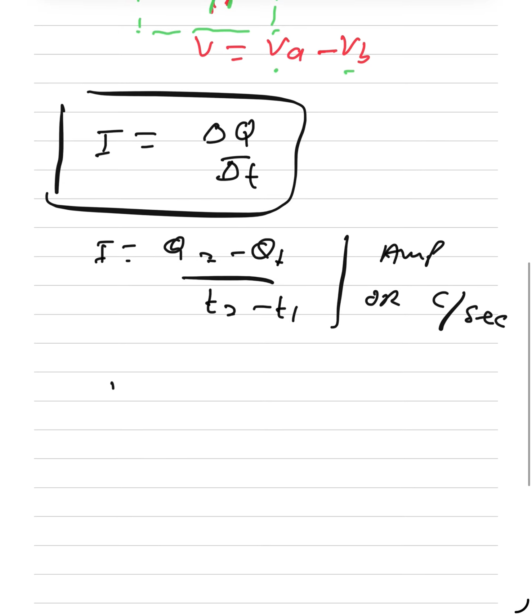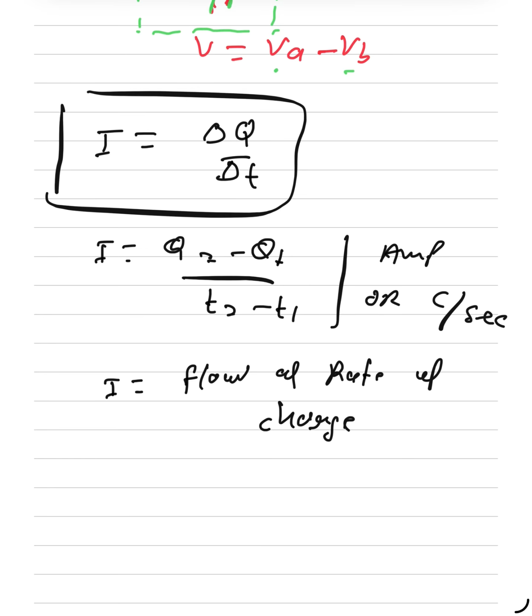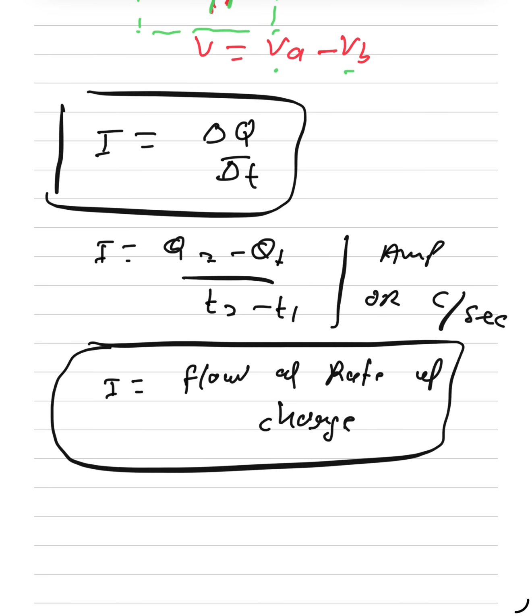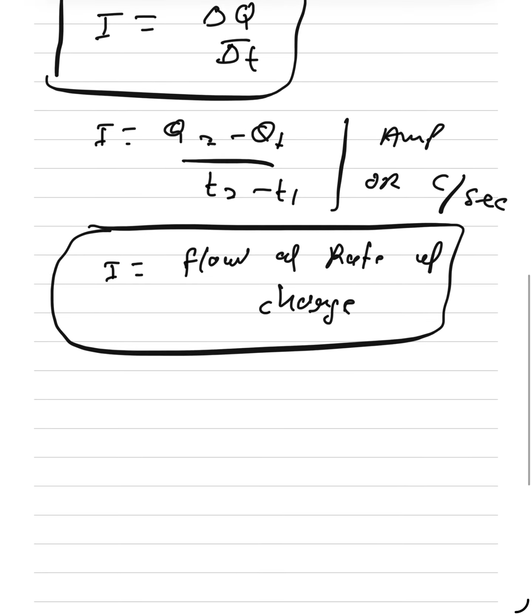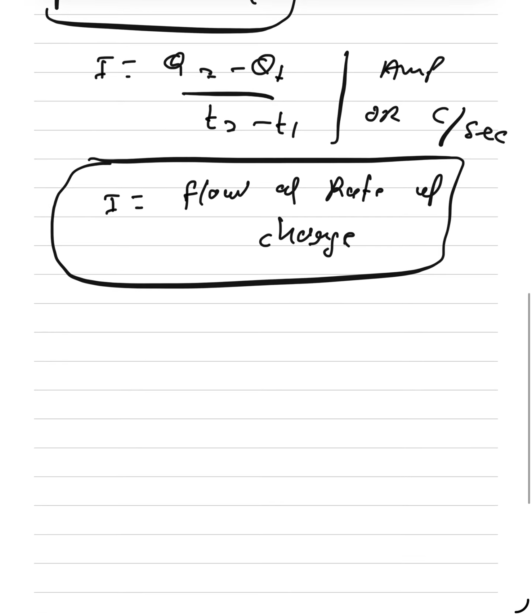Current equals the rate of flow of charge with respect to time, known as electric current. This is the average value of electric current.